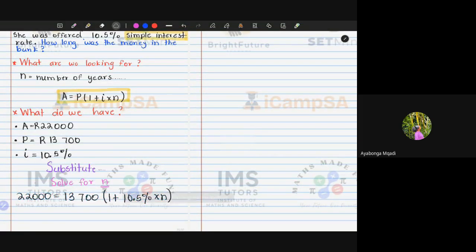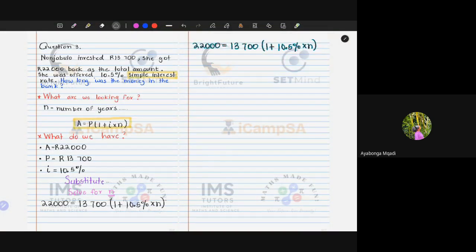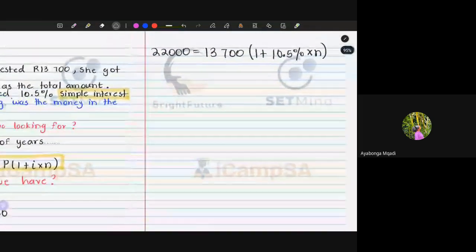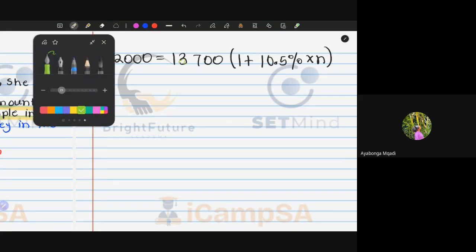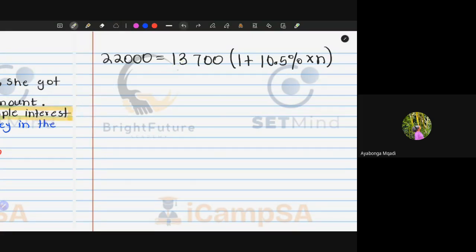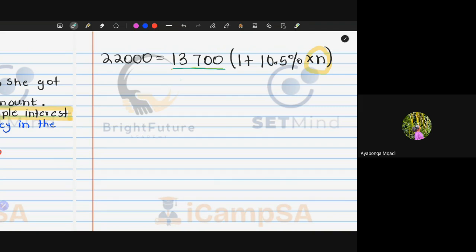Let's take it to the next page. Yep, that is correct, Ayanda. So the first thing that we need to do is to deal with this. Because what we are looking for is inside here, we want to remove whatever comes before the bracket. So we need to divide by 13,700 on both sides.